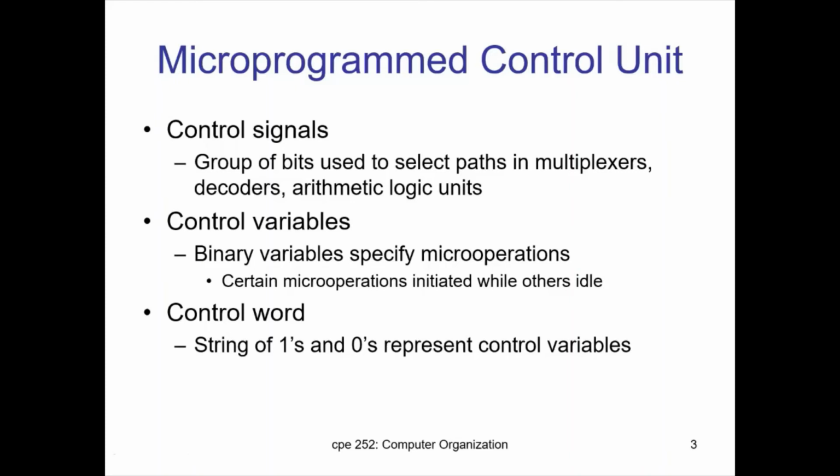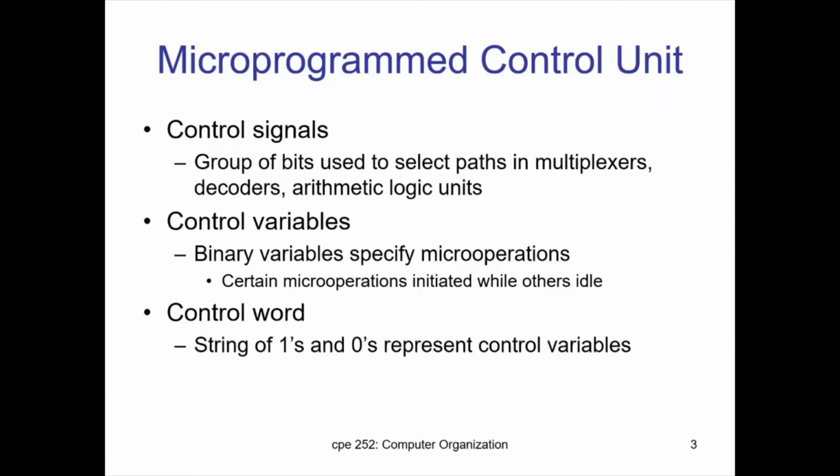It has three major parts: one is the control signal, the second is the control variable, and the third is the control word. So what is the signal? The signal comes from all your combinational circuits, such as multiplexers, decoders, ALU, and gates. All these are groups of bits used to select which path the signal should travel.